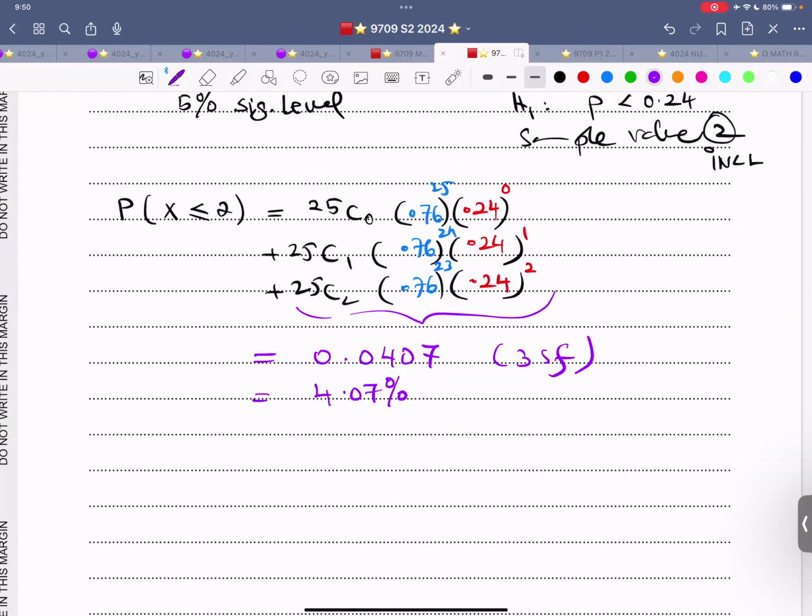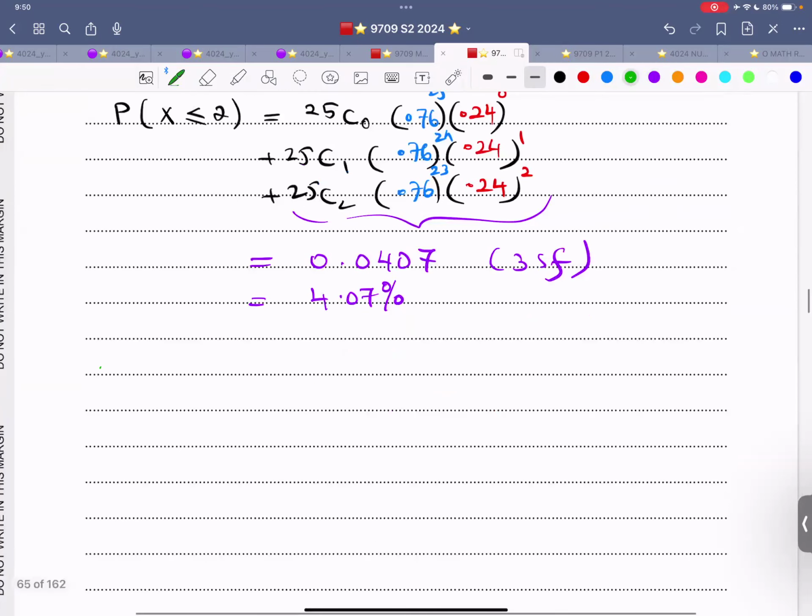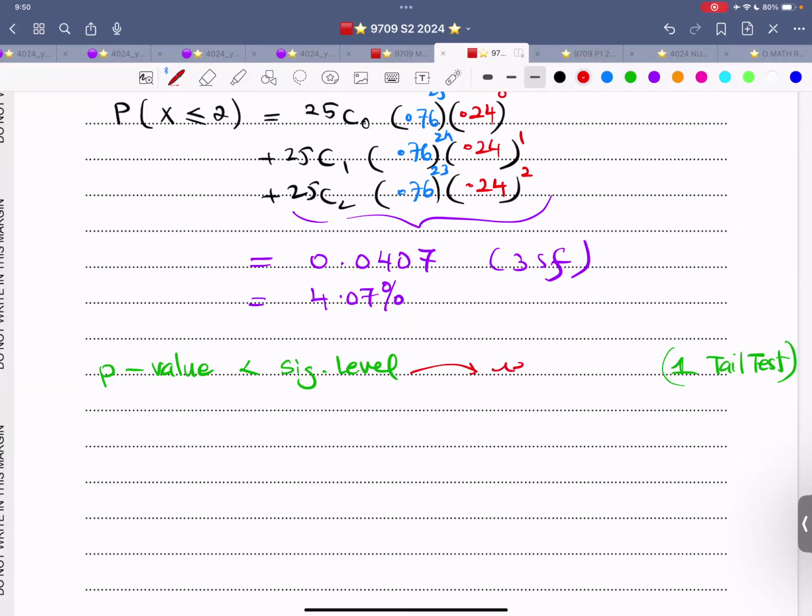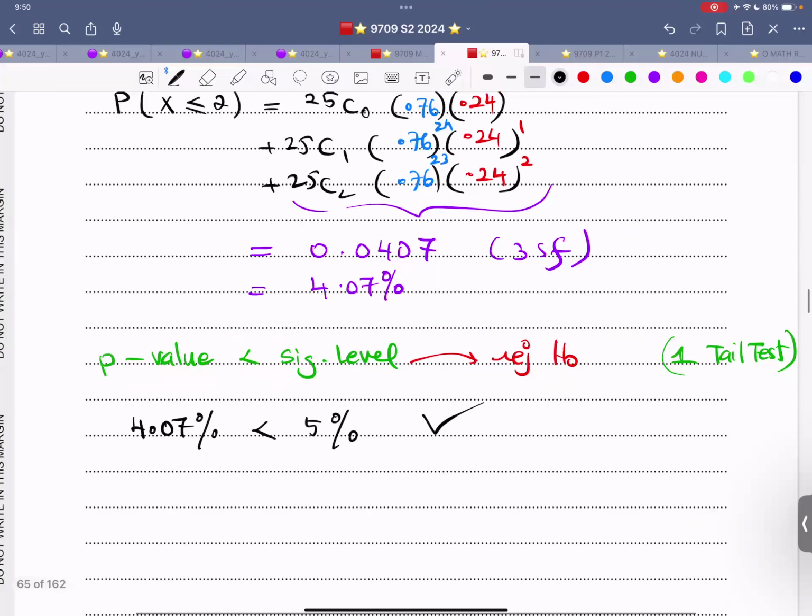Now, what is the rule? The rule is if the p-value is lesser than significance level for a one-tail test, then reject H naught and accept H1. So now 4.07%, is it lesser than 5%? The answer is yes.